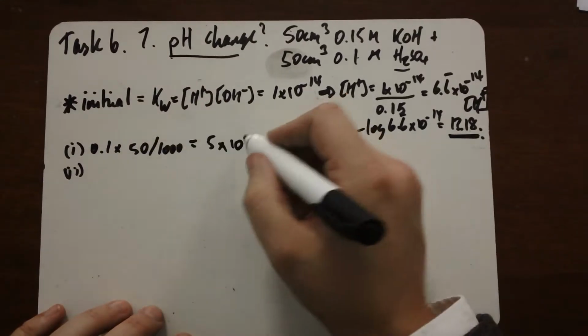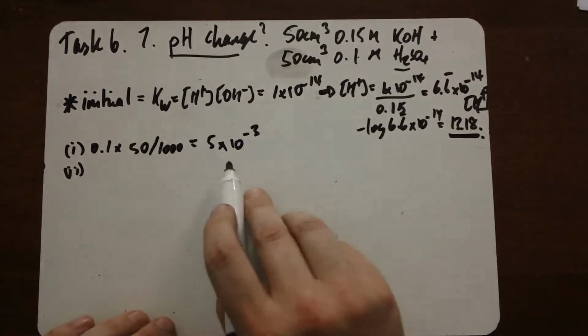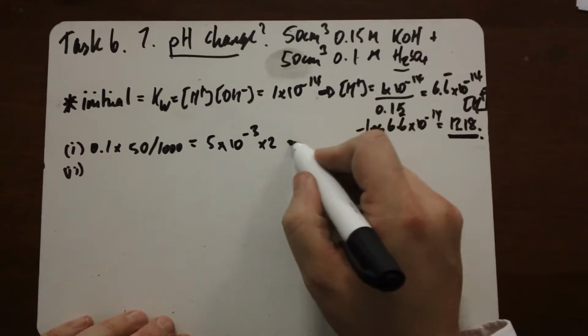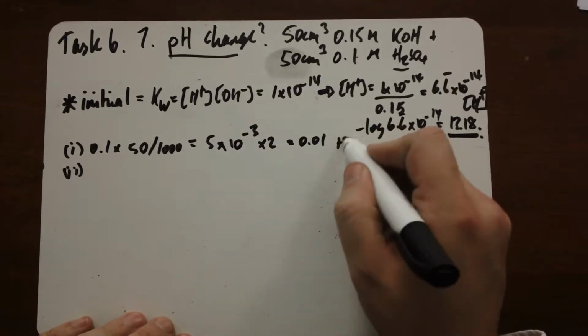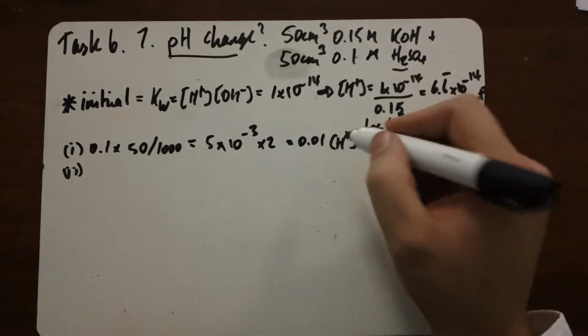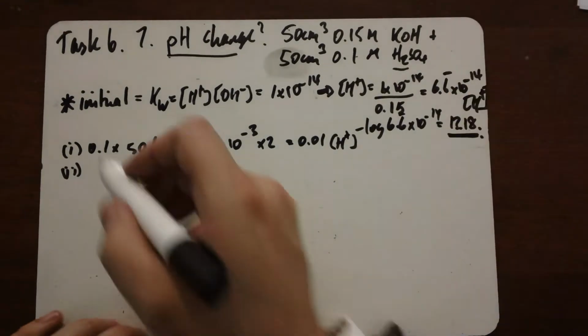Now, I'm calculating the H plus first, and like I said earlier, this is diprotic, so we times all that by 2, and we get 0.01 moles of H plus used.